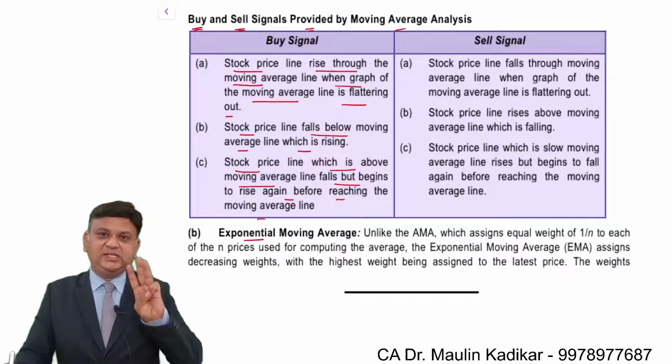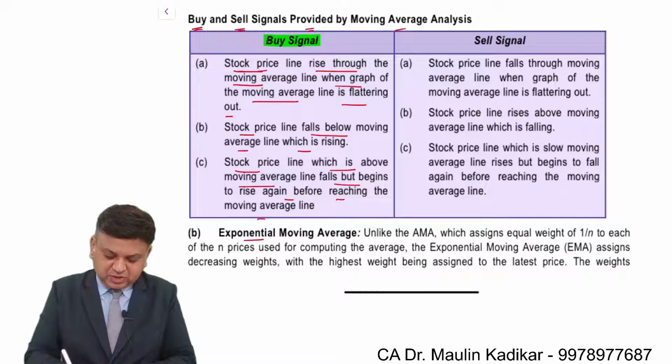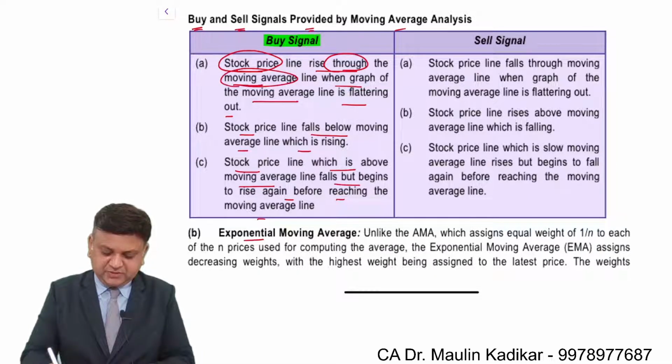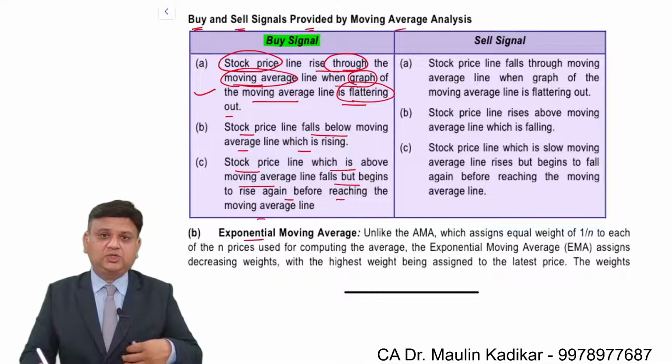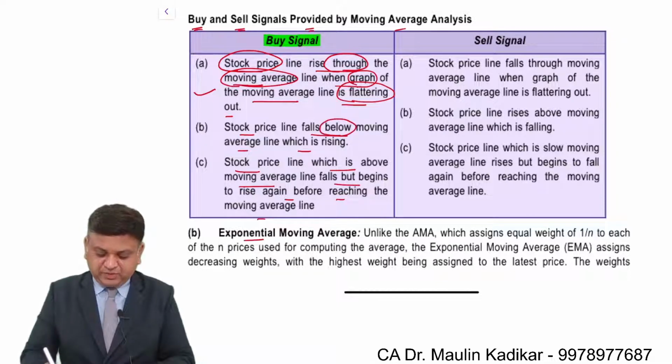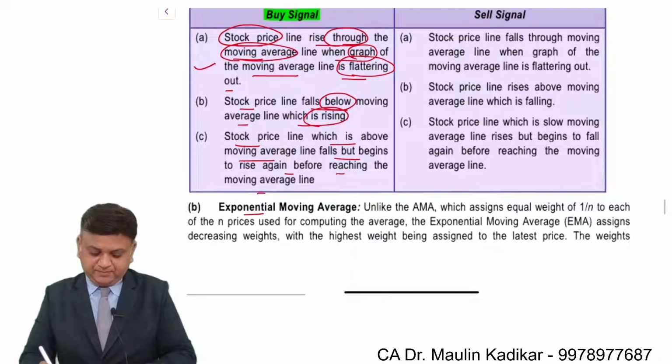तो फ्रेंड्स ये 3 सिचुएशन में से आपको सिक्योरिटी बाय करना चाहिए. कौन से 3 सिचुएशन में? When the stock price line rises through the moving average line, when the graph of the moving average line is flattening out, ये सिचुएशन में. दूसरा, stock price line falls below the moving average line when it is rising, तो अभी वो that is it is going to now cut that line.